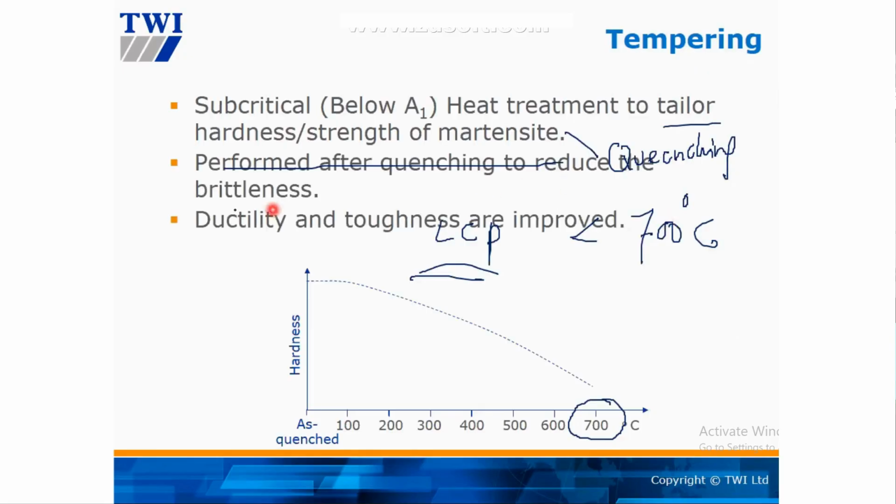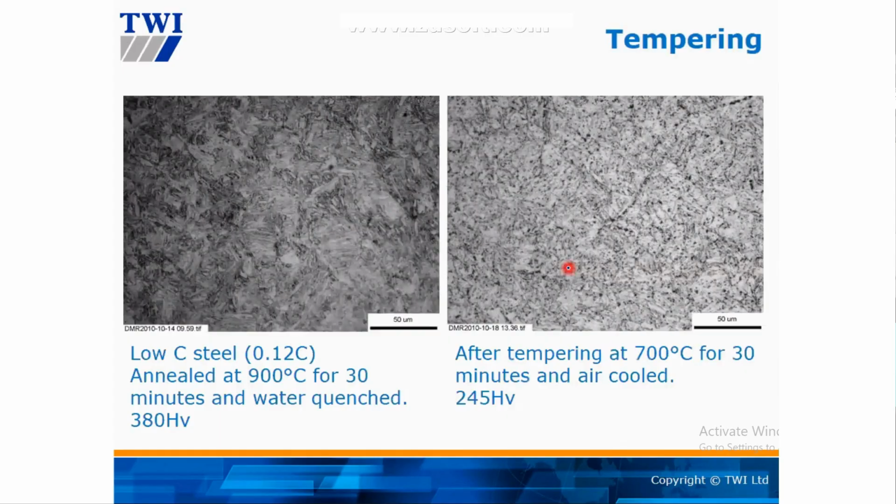Performed after quenching to reduce brittleness; ductility and toughness are improved. Remove stress from quenching. So this is what happened when we have water quench. It produces 380 hardness, weakest, but tempering at 700 degrees C will reduce the hardness to 245, right?